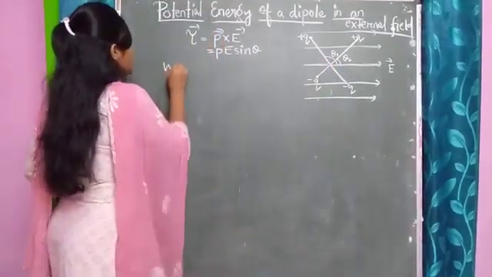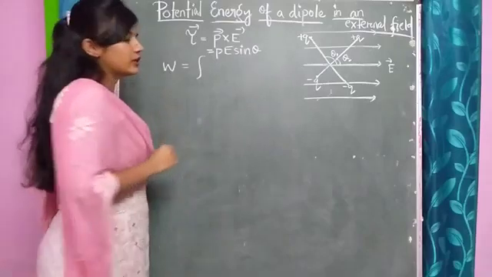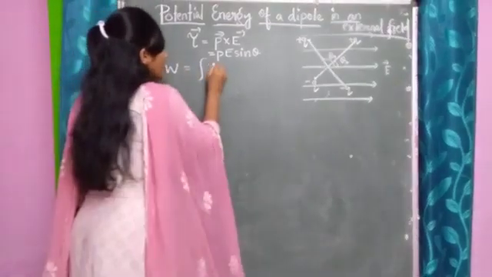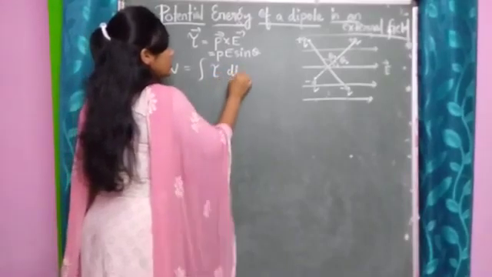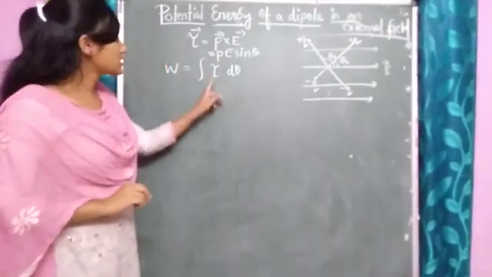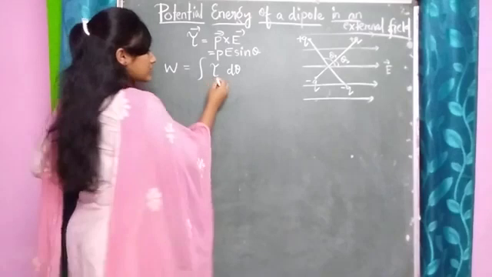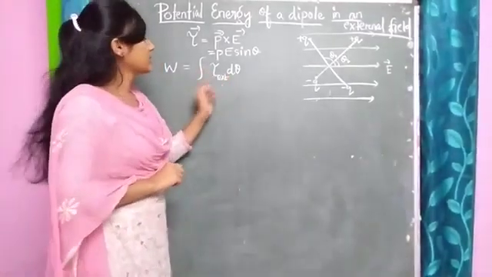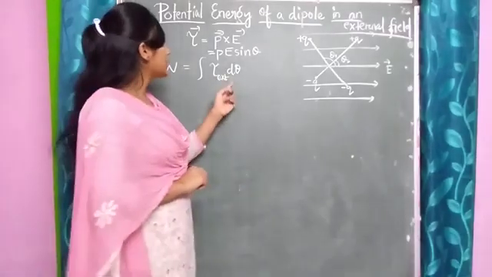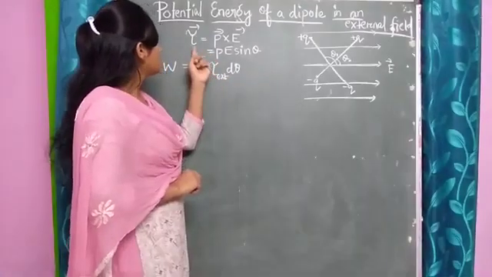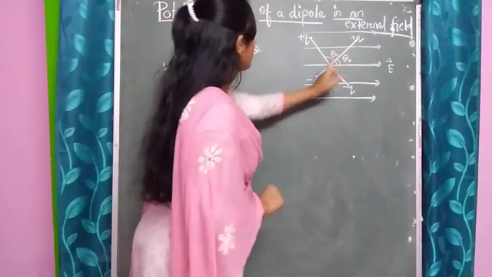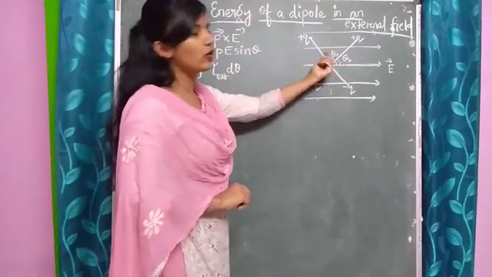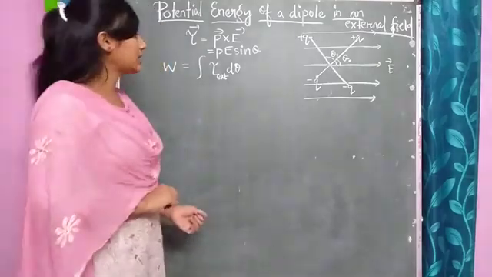The work done will be the integration of tau into d theta, and this tau is our external torque. We have to apply some external torque against the electric field in order to rotate from theta naught to an angle of theta 1.